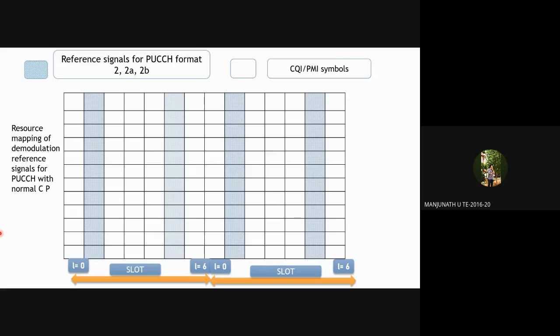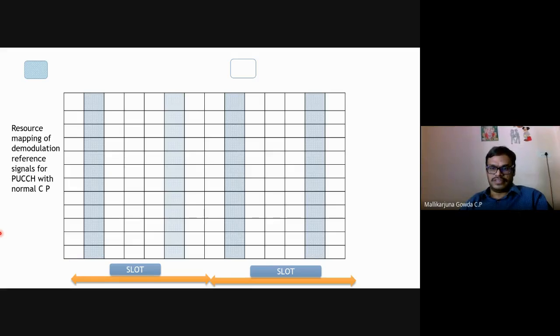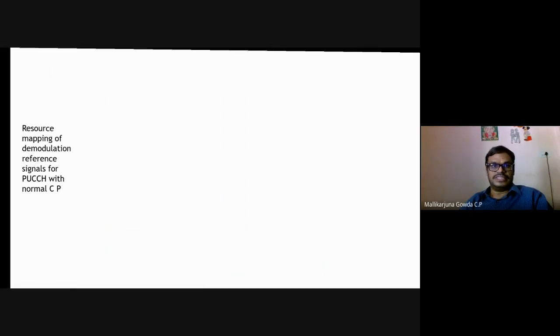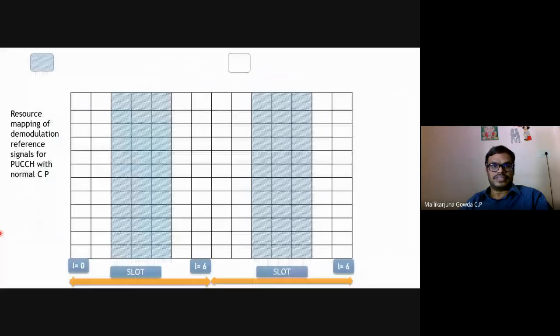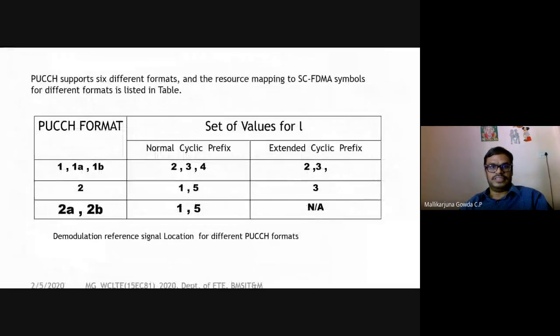Sir, mapping for extended CP, sir. Extended CP I have not shown, but I have told in the table. Yeah, this table. For normal cyclic prefix only, I have taken the example 2, 3, 4 for 1, 1A, 1B.